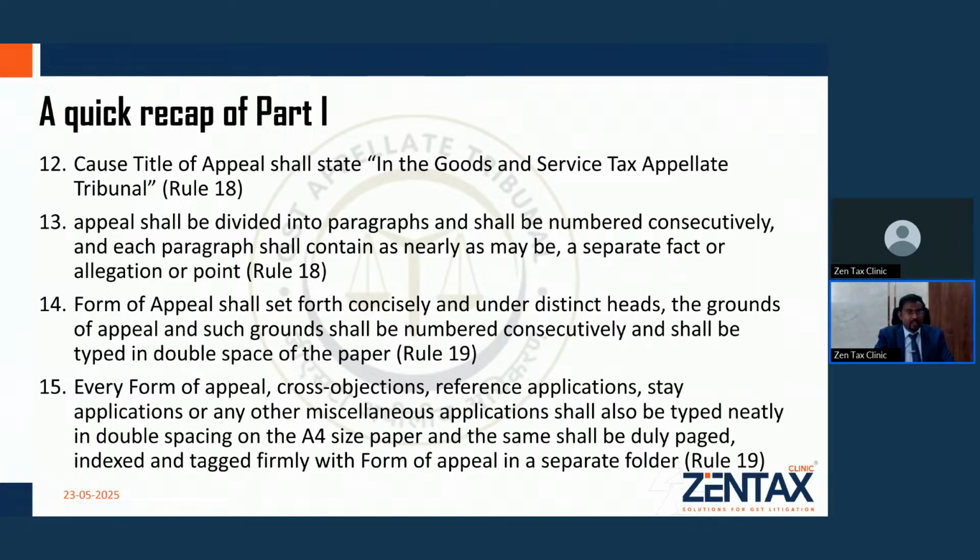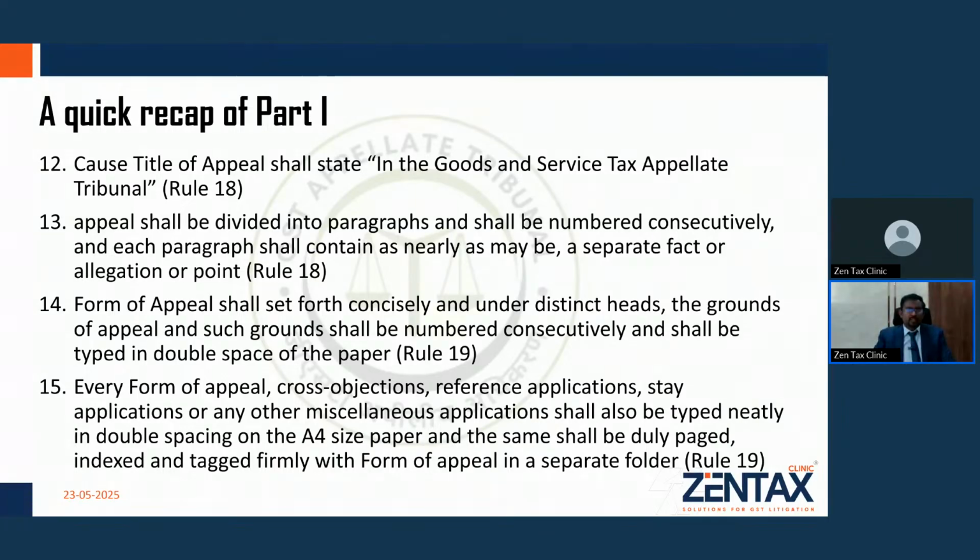Or ground number 6 could go to say that at the factual level, the show cause notice has grossly erred in considering the value of table 8A, which has a very erroneous figure, whereas the table GSTR 2A figure itself reflects a much higher figure, and therefore at the factual level it could be disputed. So each of the grounds could have a very different fact, a different allegation, or a different point altogether. That is what Rule 18, the procedure of the GST Appellate Tribunal rules, very clearly provides for.